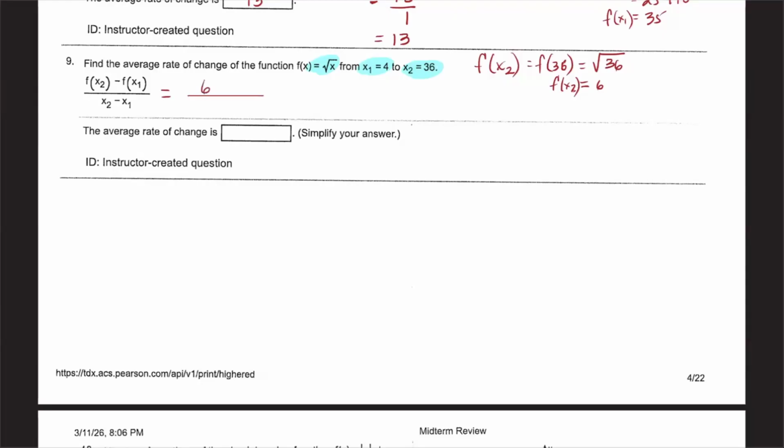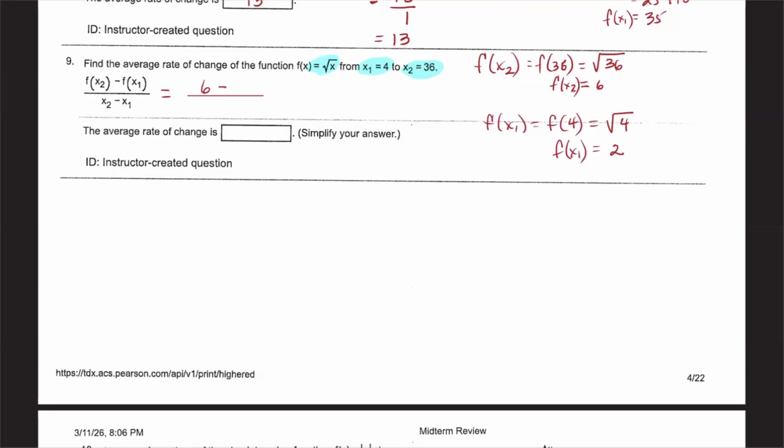So this is 6 minus something. Well, let's see what it is. f of x sub 1 equals f of 4. But the function is the square root, so we're taking the square root of 4, which simplifies to 2. So f of x1 is 2.